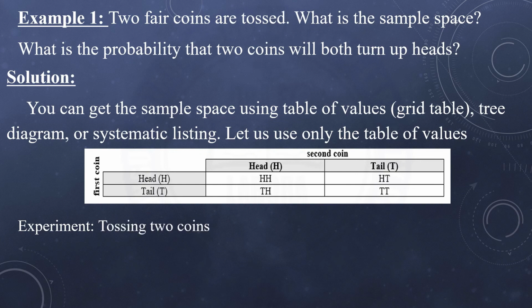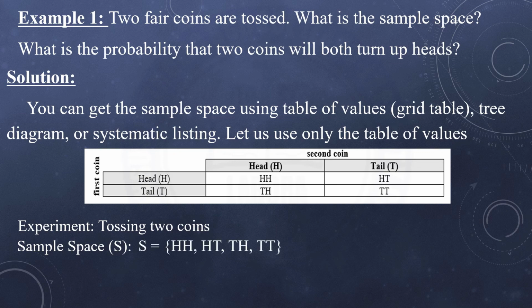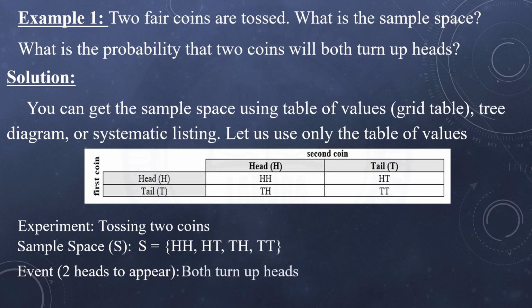Our experiment is tossing 2 coins. The sample space of tossing 2 coins contains head and head, head and tail, tail and head, tail and tail. The event would be 2 heads to appear, or both coins turn up heads, and it is head and head, which is in our table.